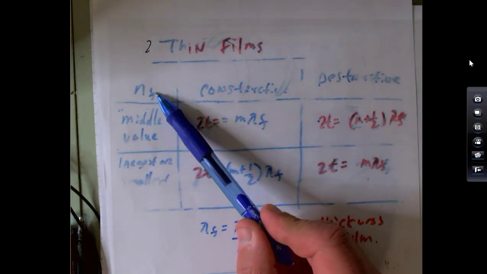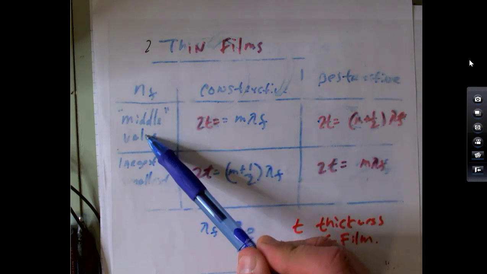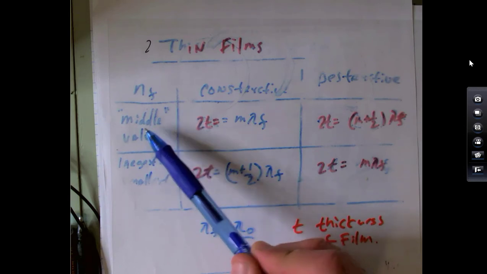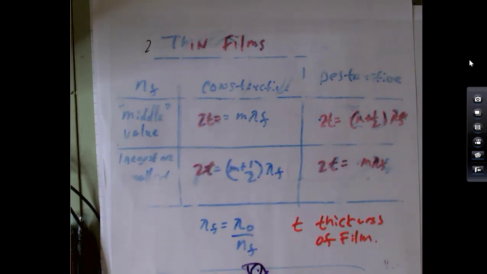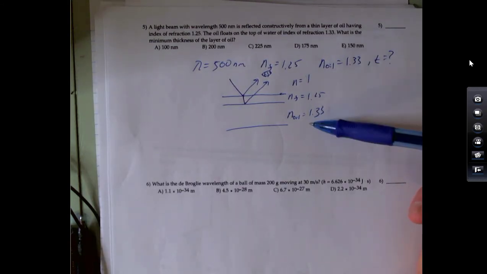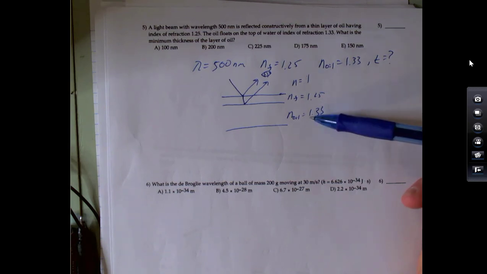We've got to look at the index of refraction of the film. Now, is it the middle value? Not physically in the middle, it's always going to be physically in the middle, but the middle value. In this case, it is the middle value. We have air, which is 1, oil, which is 1.33. It's greater than this one, but it's less than that one.